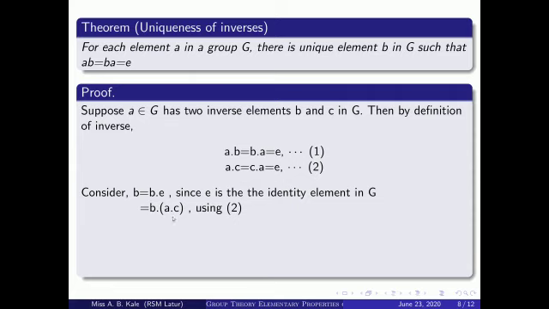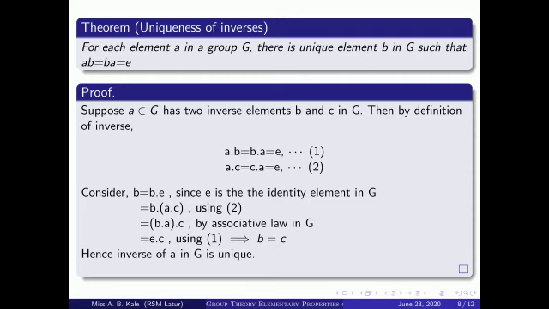Now by the associative property of group we can write B dot A dot C, and from 1, B dot A is identity and E is the identity element of group. Therefore, using first implies B is equal to C. Hence, inverse of A in G is unique.